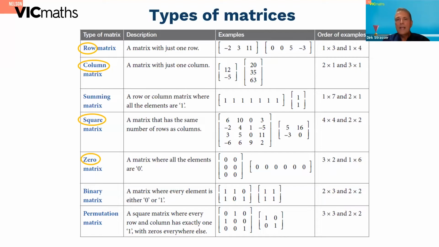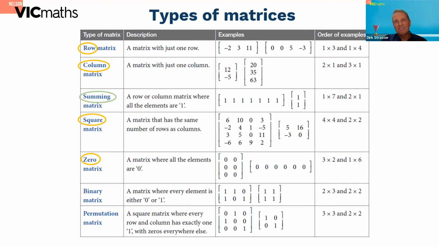By the way, as you can see, a lot of the theory that we present has this table approach where we're trying to get all the information together. You've got a description of it, an example, and the order of it, rather than just listing a whole heap of text. We've tried to break it up as much as possible. Those 4 are probably fairly easy.